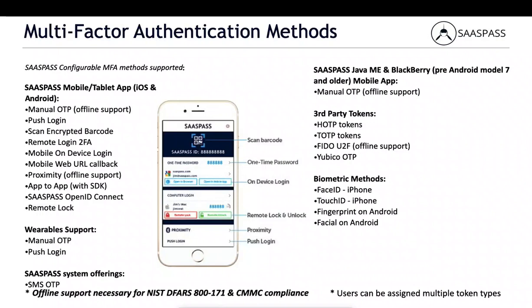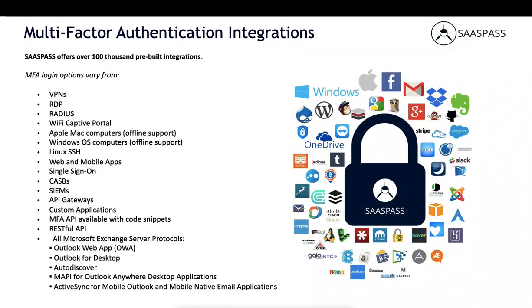So we have wide support for soft tokens, hard tokens, USB tokens, SMS, one-time passwords, and biometrics methods, as multi-factor authentication to be used to log into the computer, your applications, and your systems.